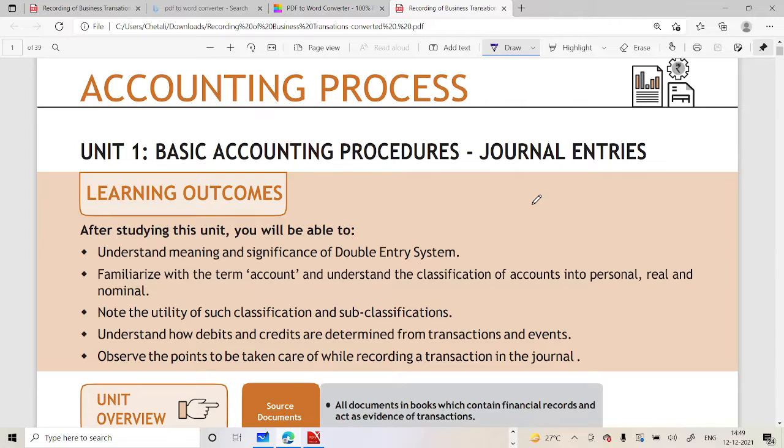And what are those? Prepaid expenses, accrued income, outstanding expenses, then income received in advance. Sometimes it happens that your vendor pays you in advance for the next accounting period.